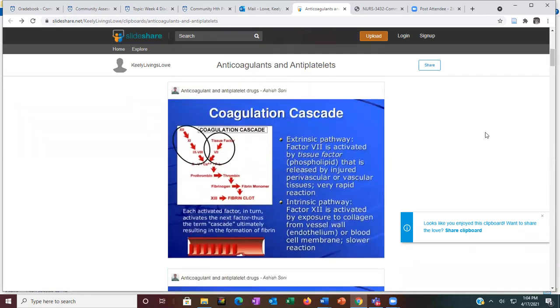So it does not show factor 10 on here, but factor 10 is a different part of the clotting cascade that can be affected. So these new types of anticoagulants, we'll talk about the ups and downs of those. The 10A inhibitors are fairly new. They're the ones you hear about advertised on TV all the time, where people are talking about how they've had a DVT or a stroke and that they take this medication, and they talk about how wonderful it is.